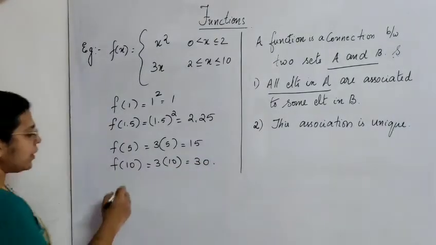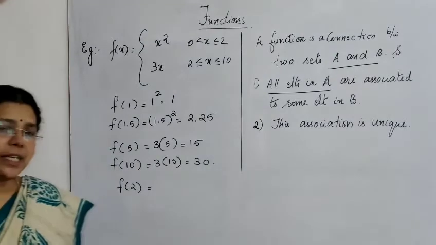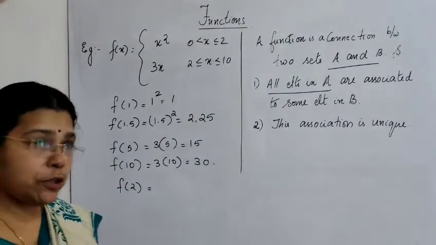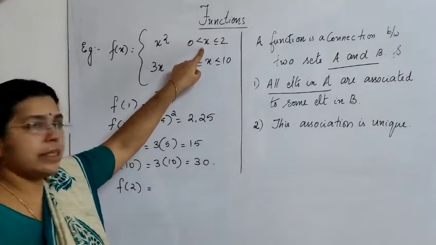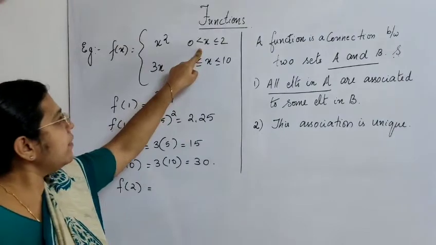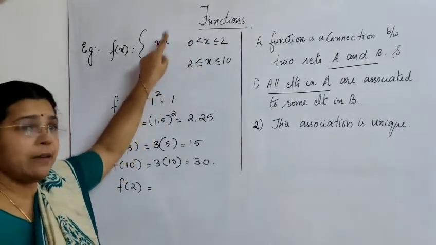But now, when the x value in the function takes the value 2, what do I have? This as well as here. In this interval as well as in this interval, 2 has 2 different functional values.